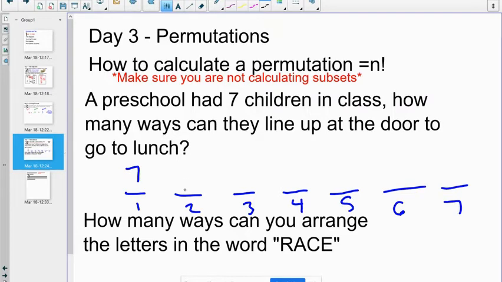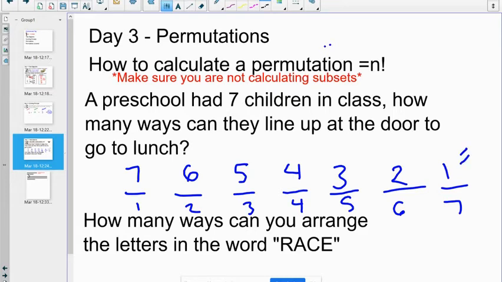For the second spot, since we've already assigned one person, there are 6 people left. That carries through, because when you assign a person, there's one less option as we move from the first person in line to the last. So that's just 7 factorial.